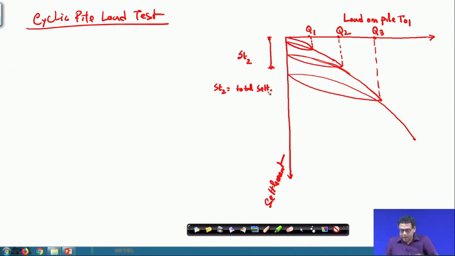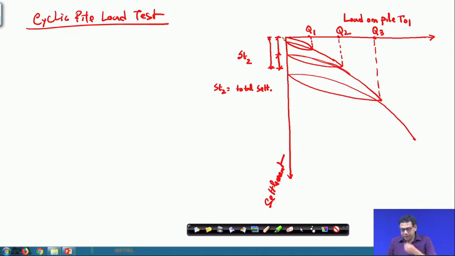Now, when we unload to 0, it does not go back to the initial position, there is some permanent deformation, this much amount, and some amount is recovered, this much amount.